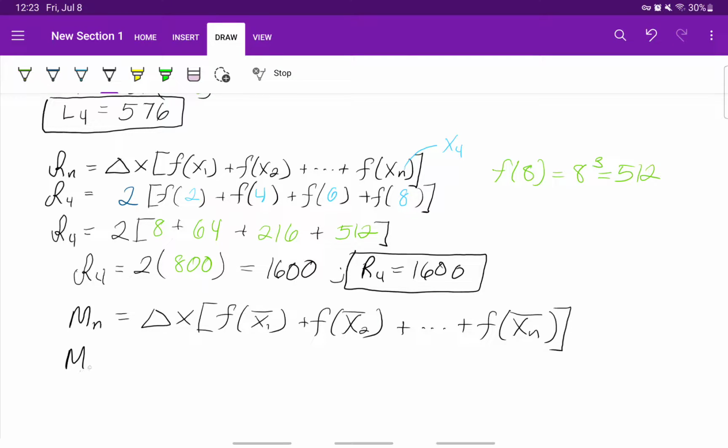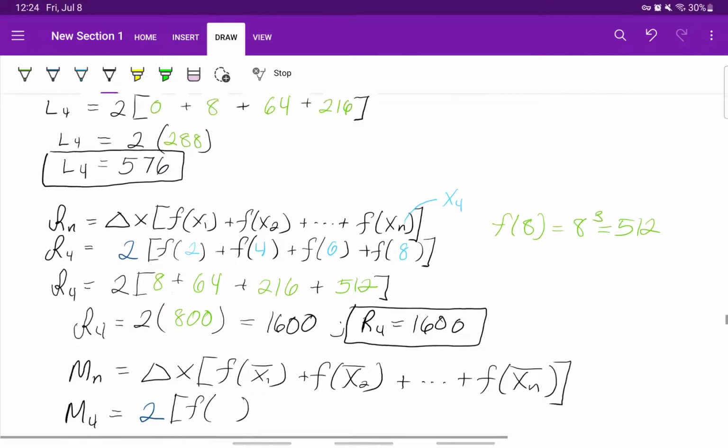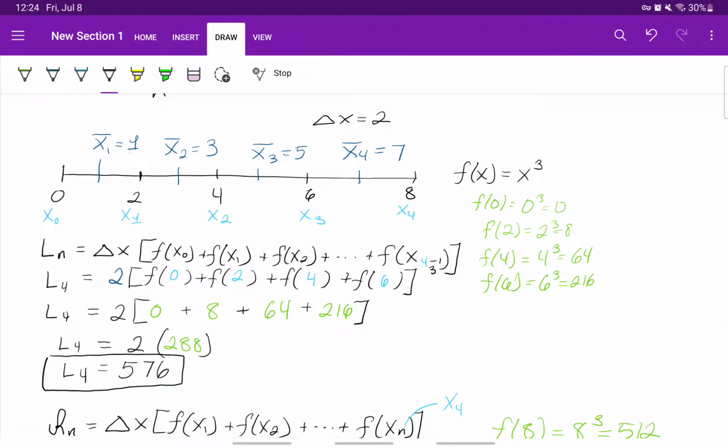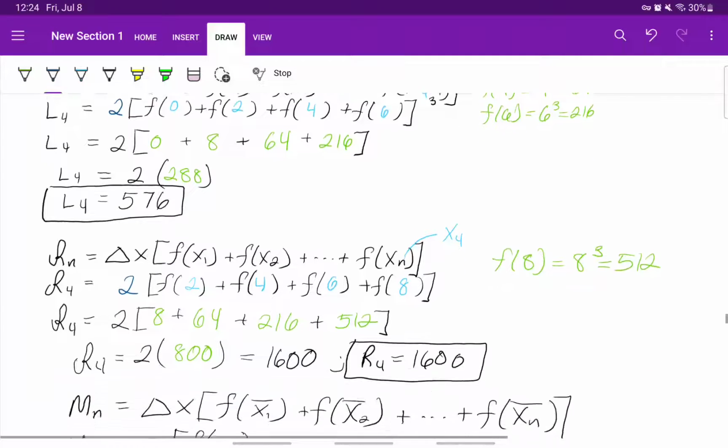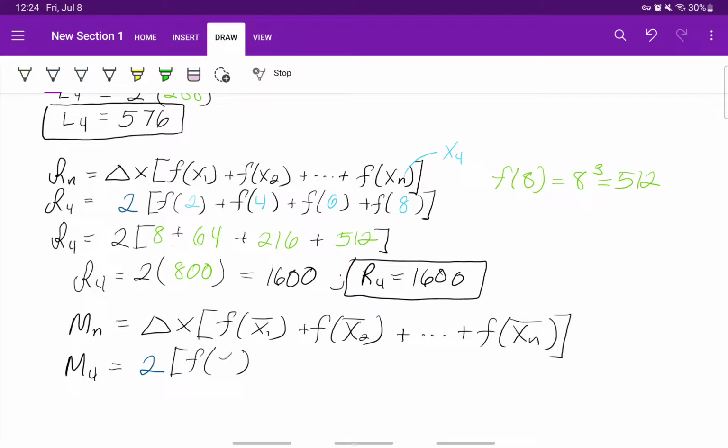So M of 4 is going to equal delta x, which is already established to be 2, and in brackets, f of x bar 1. X bar 1 is 1. Plus f of x bar 2.